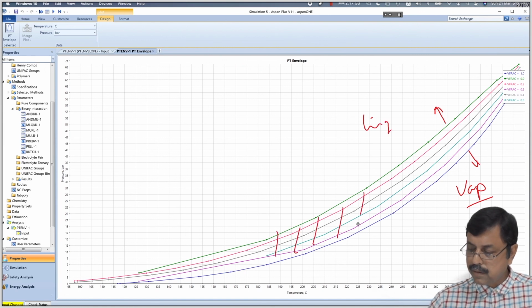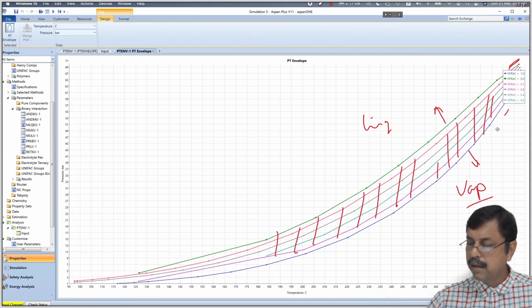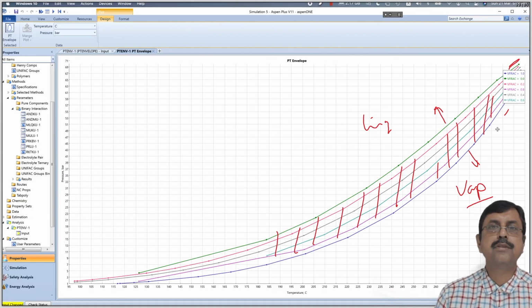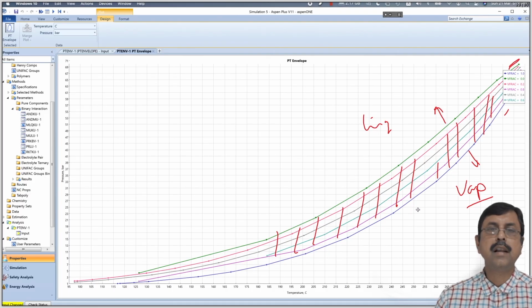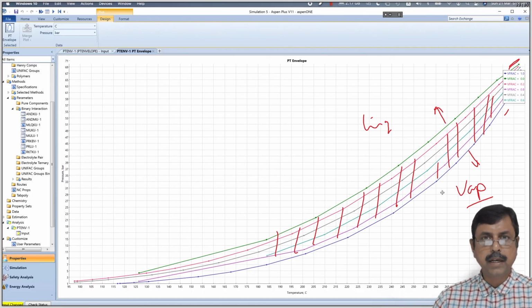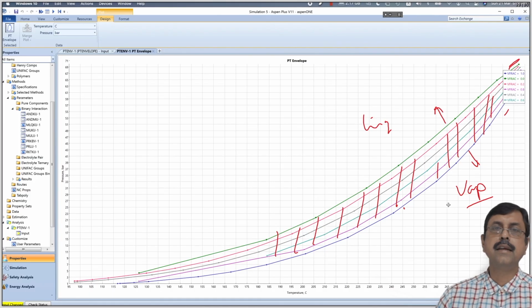Only between these two lines, vapor fraction 0 and vapor fraction 1, within this there will be a liquid and vapor mixture. Okay. So in this particular case, when we are driving cresol and methanol out of our system, then for the same operating condition, it is bringing the system into the completely vapor region.